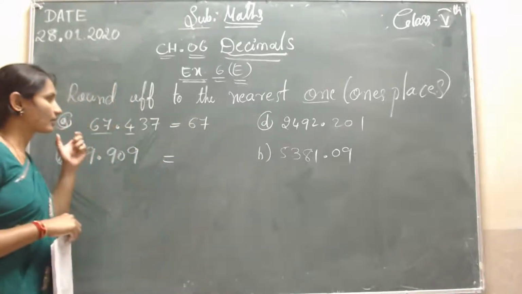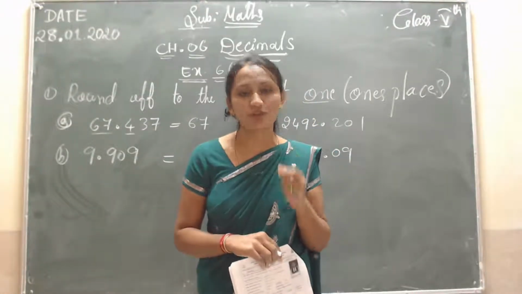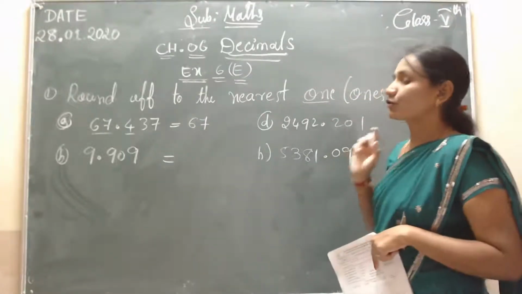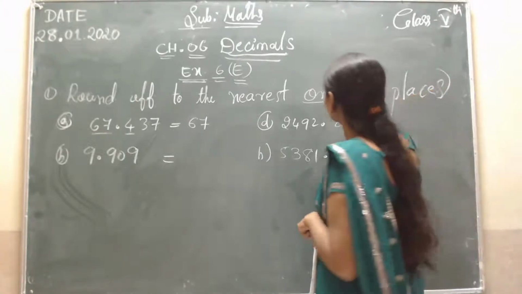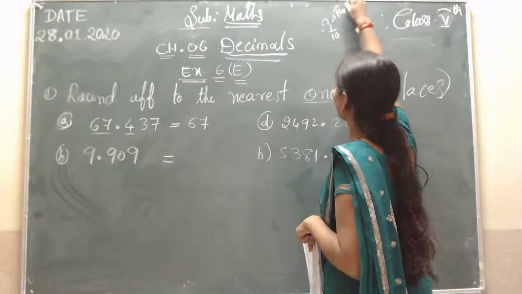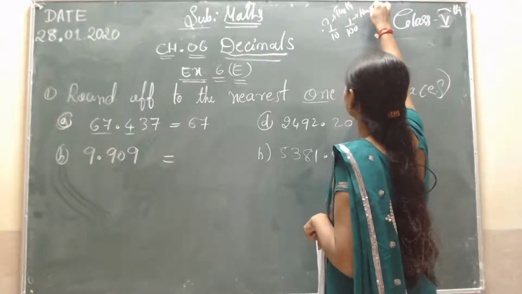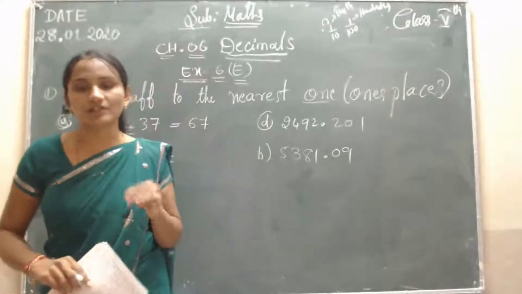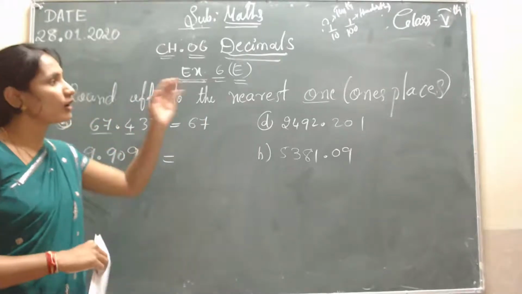So 67 is the round of 67.437 to the nearest 1. Here the place is ones, not tens. After the point, the places are tenths, hundredths, thousandths. Before the point are ones, tens, hundreds, thousands, 10,000, lakh, 10 lakh.